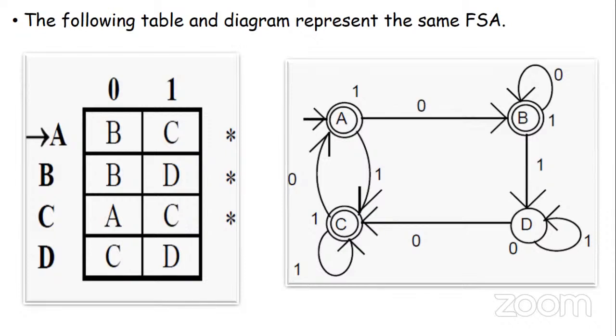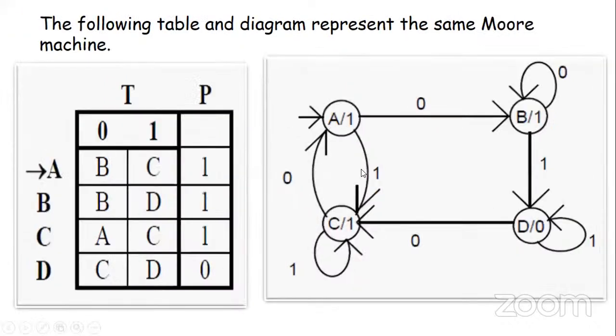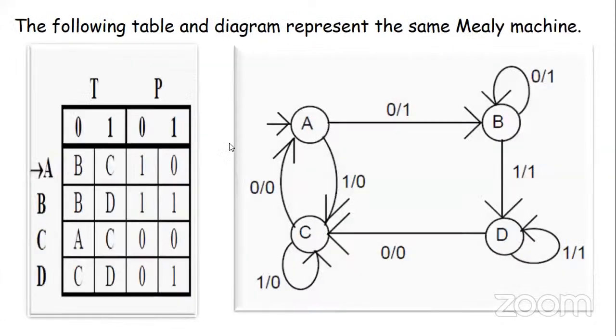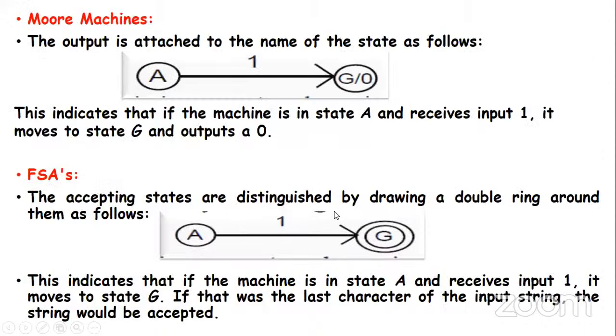We also went further to look at the representation of a finite state automaton in table form, right? And in schematic form or diagram form. So I think we're able to look at the conversion of some FSA or finite state automaton from their table form to their diagram form and vice versa.